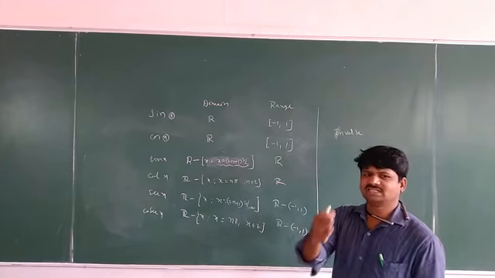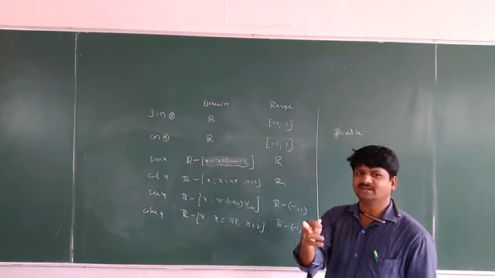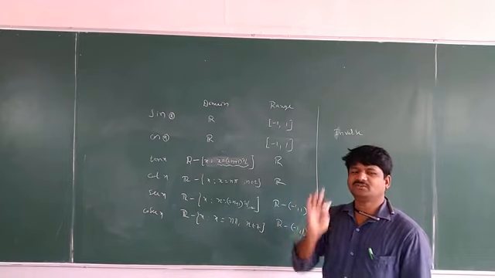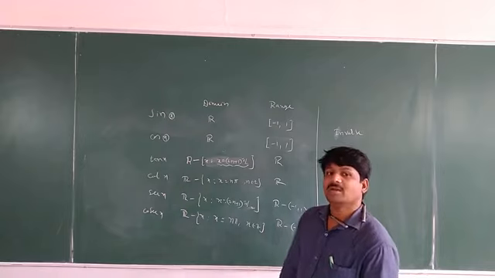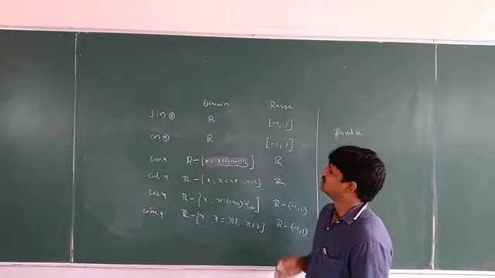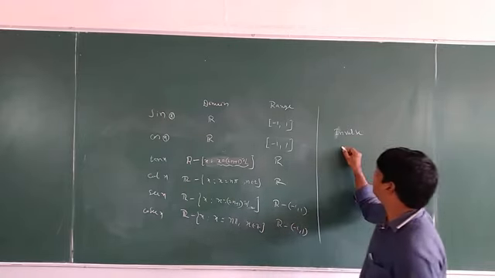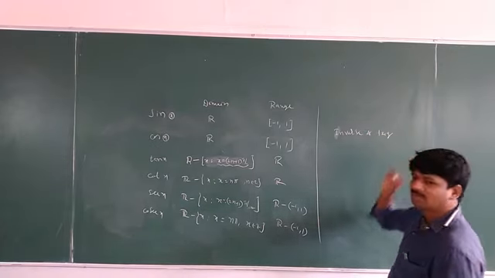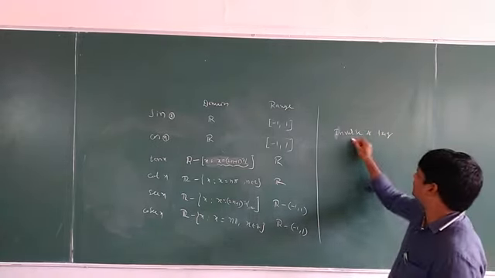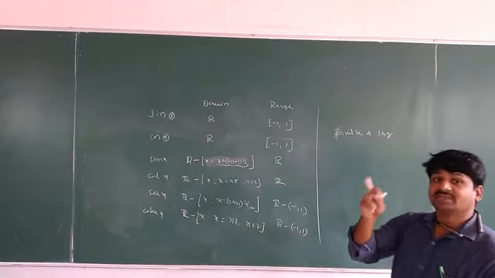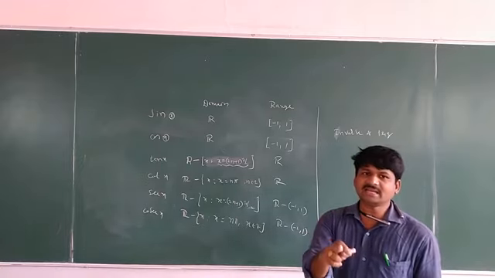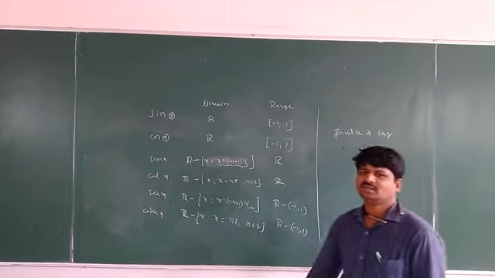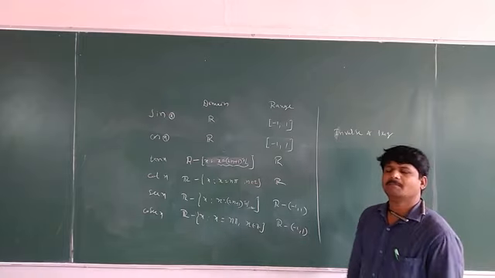A function f is invertible if and only if f is a bijective function. That f must be a bijective function. Now we have to define the inverse of a trigonometric function. To define the inverse of a trigonometric function, it is compulsory that the trigonometric function must be bijective.